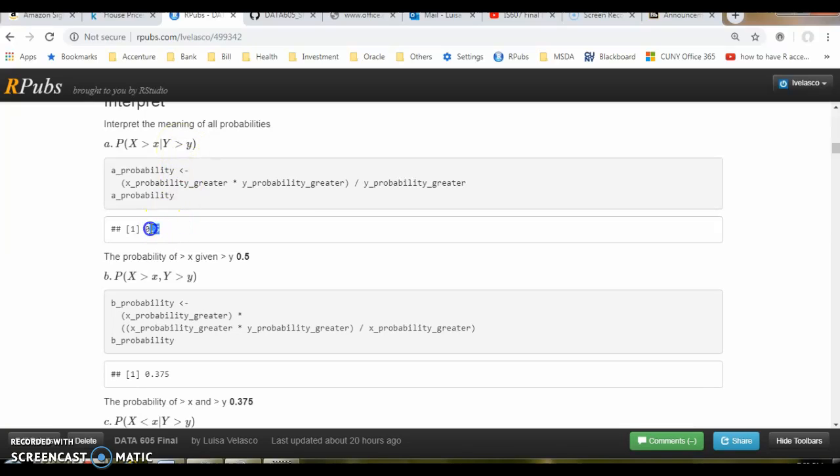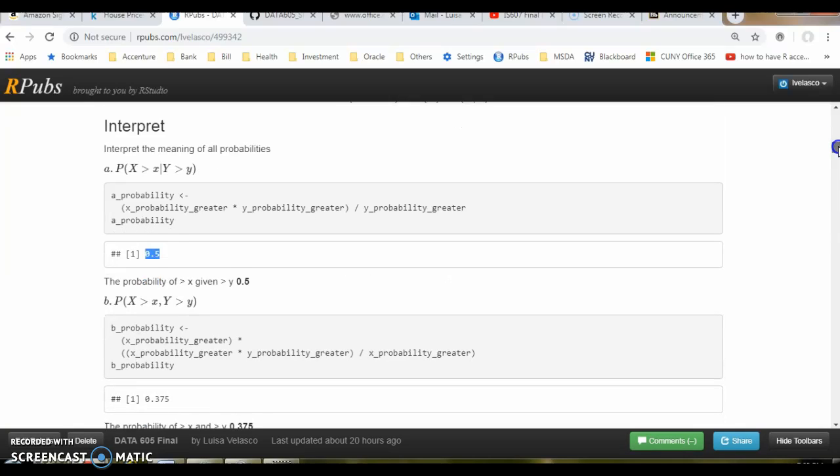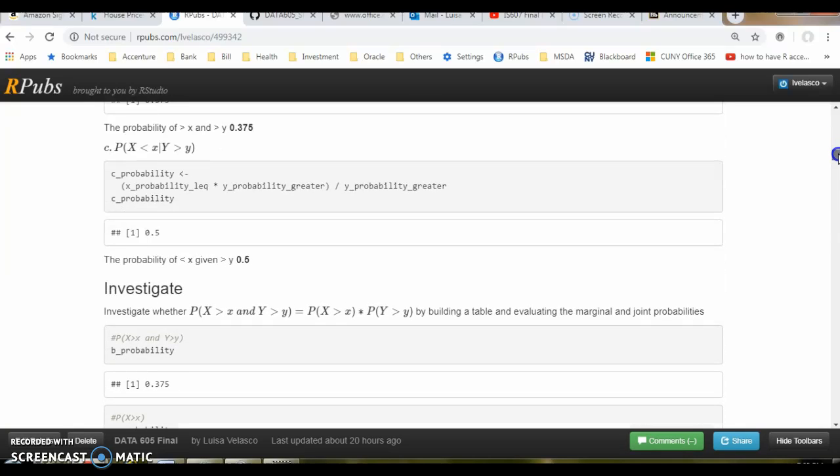We have 0.05. The second, the probability of x and y, we have 0.375. And the third is still like the first one, but this one is less than. So we have the same probability of 0.5.